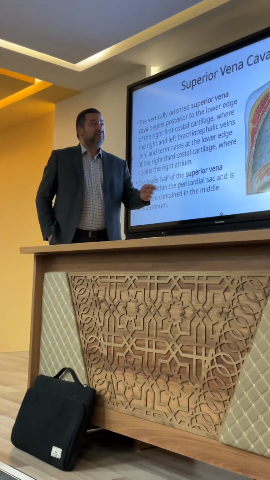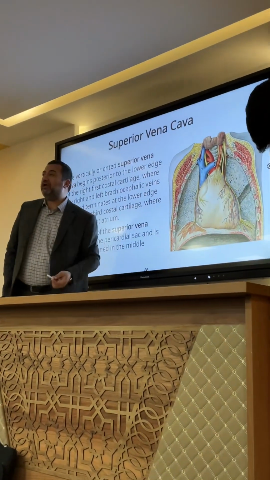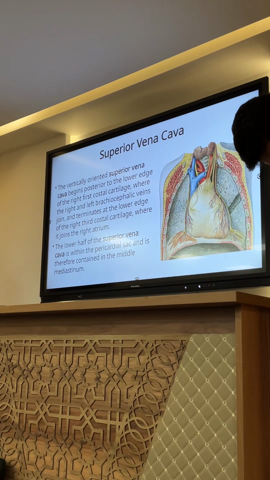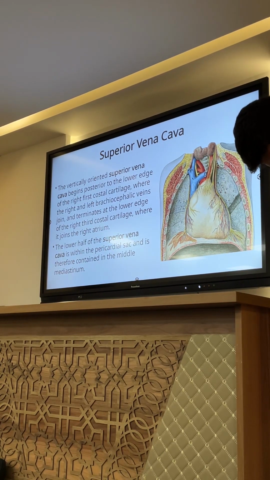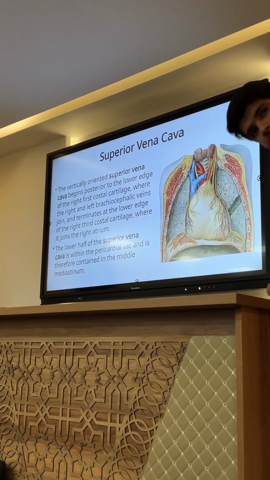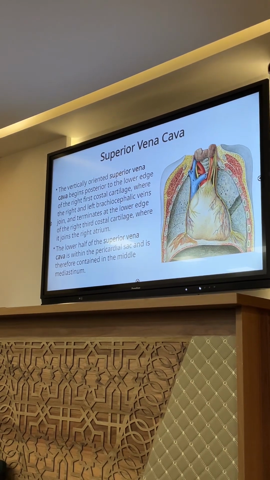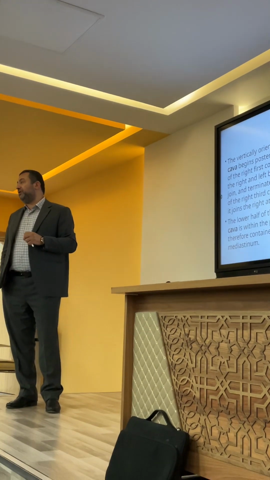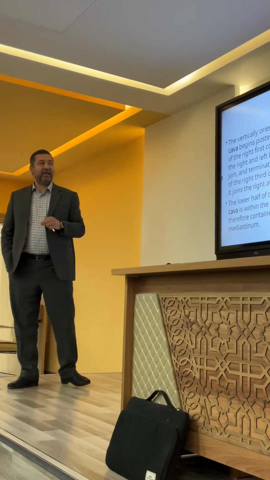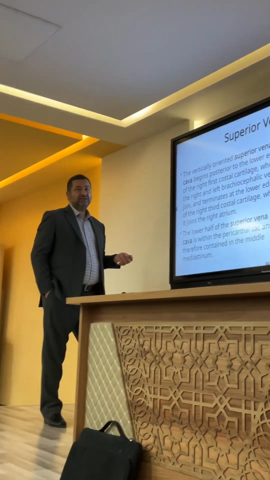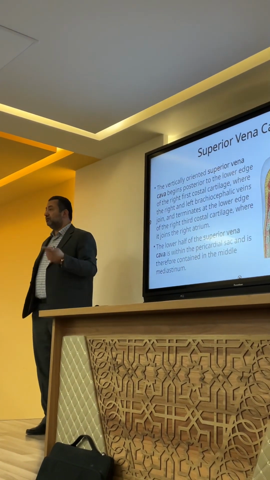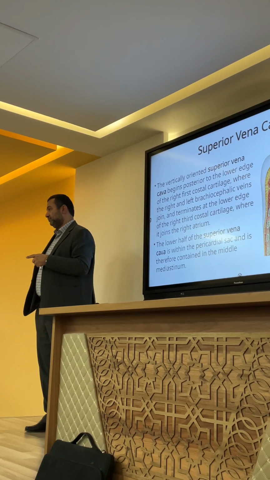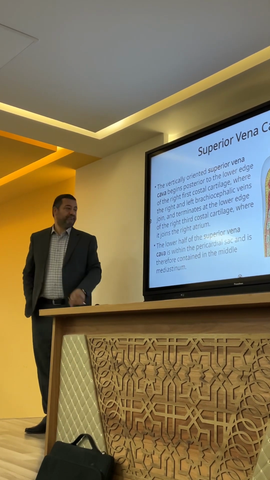In the midway of the superior vena cava, before entering the pericardial side, arc of azygous vein drains into the superior vena cava. And superior vena cava is formed by right and left brachiocephalic veins. Is it clear?